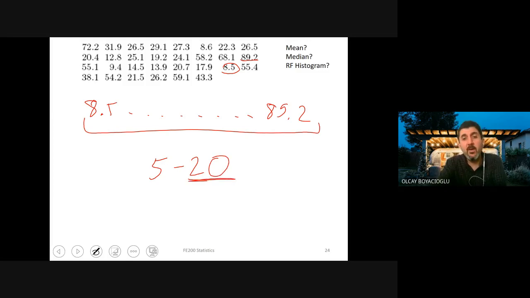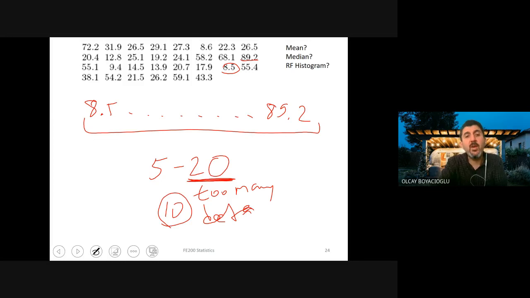However, 20 is only when you have too many data, maybe thousands or hundreds of thousands of data. So generally 20 is too much for us. 10 might also be too much. We are generally between 5 and 10 in this kind of normal size data set.